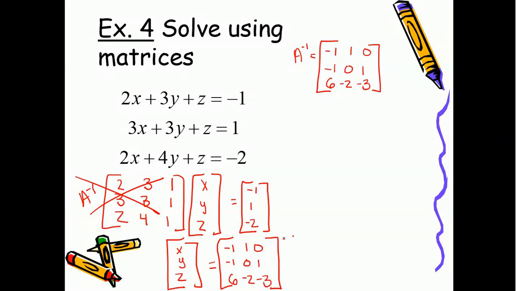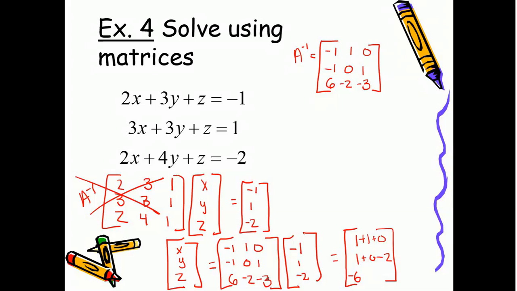And it looks like I'm going to get a 3 by 1 matrix, right? So negative 1 times a negative 1 is a positive 1. 1 times 1 is 1. 0 times negative 2 is 0. Okay. Negative 1 times negative 1 is a 1. Plus 0 minus 2.